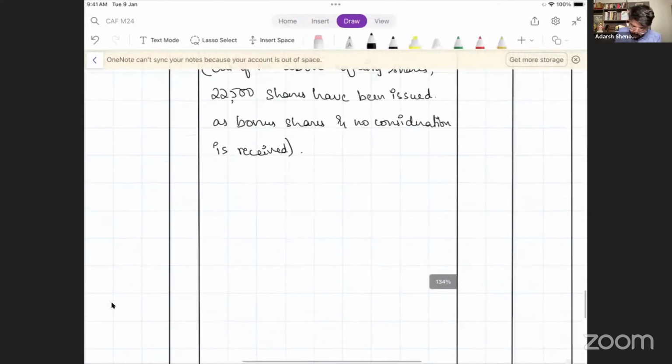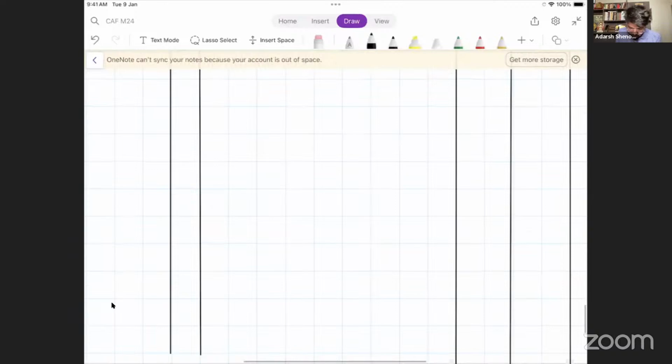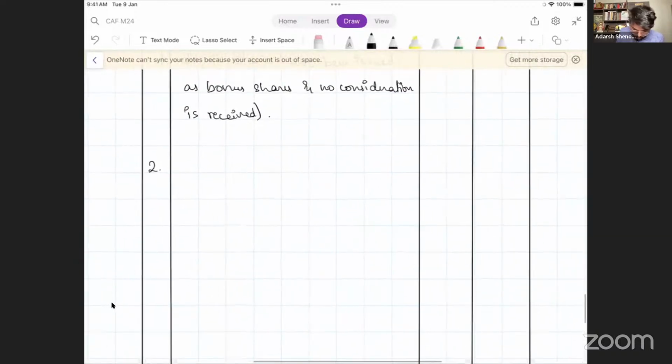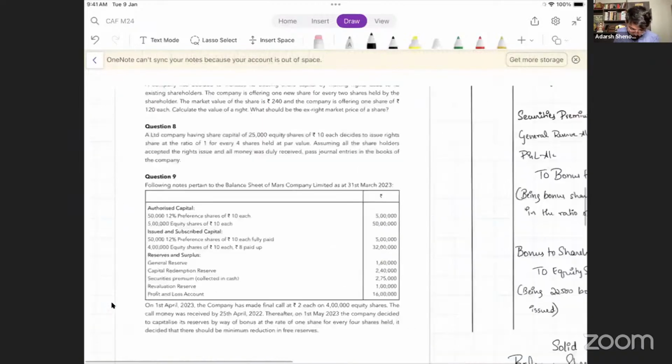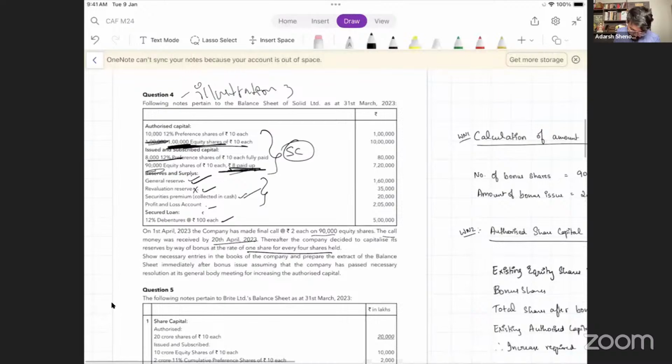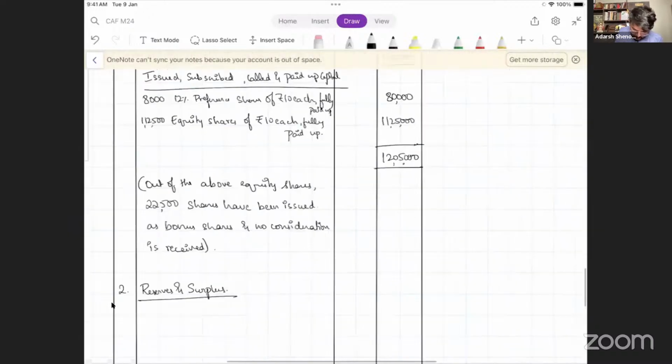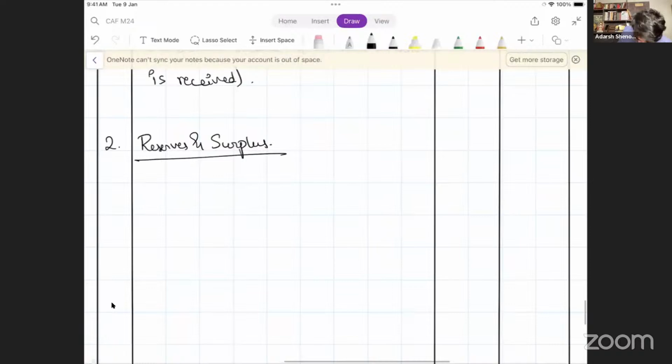Okay, now one more interesting note, reserves and surplus. So make a list of all the reserves we have. General reserve, 1,60,000 was there. Have I used this general reserve? Yes, I've used it now for bonus issue. How much have I utilized?